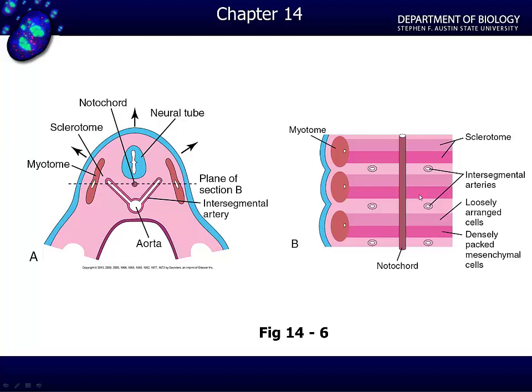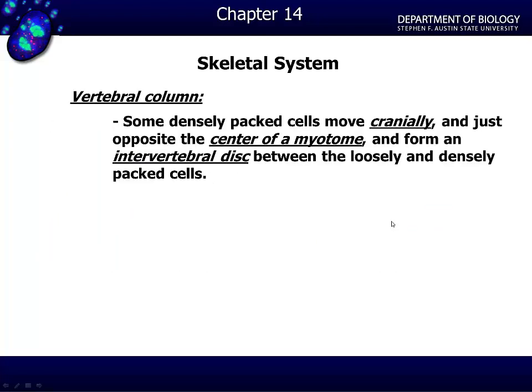We're going to join portions of this tissue with the tissue immediately behind, and we're going to form our vertebrae right in this neighborhood. We're not going to form the vertebrae perfectly in line with the muscle and the sclerotome. We're basically going to split this in half, and part of this tissue is going to become our intervertebral discs. So our intervertebral discs are going to form from this middle tissue.